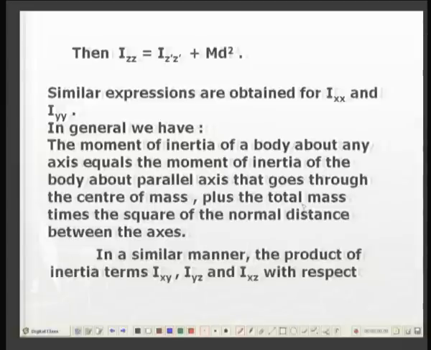Okay. So this is how we get the correlation, and then we can now turn our attention to the products of inertia, that is Ixy, Iyz, Ixz.